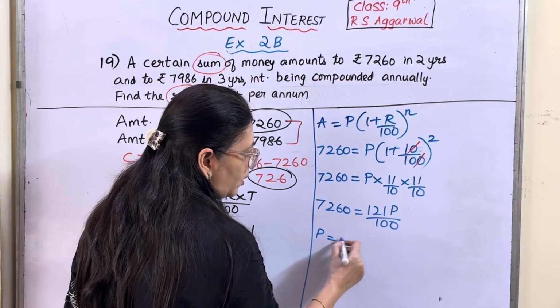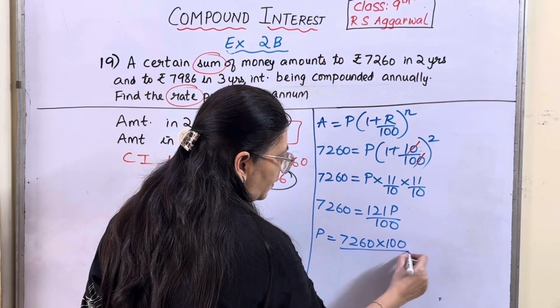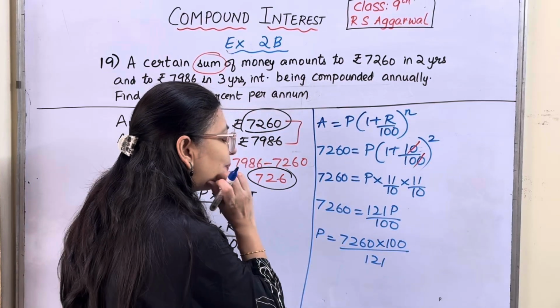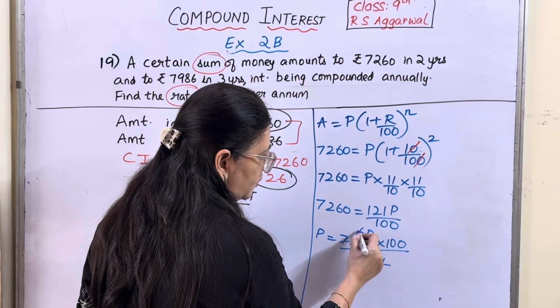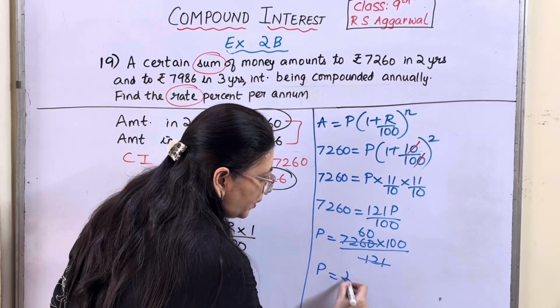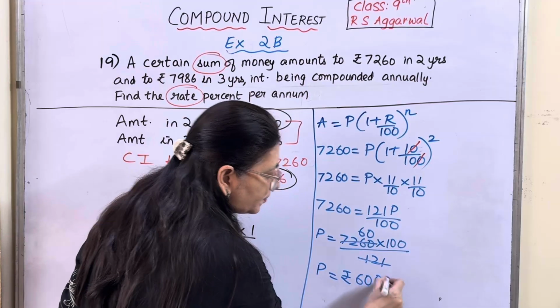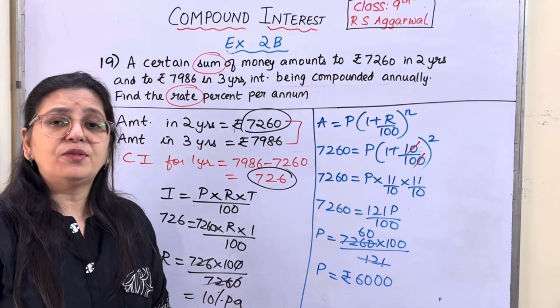So P is equal to 7260 into 100 divided by 121. Yes. So the principal is rupees 6,000. Are you clear? Yes. Come on, even this sum is very important.